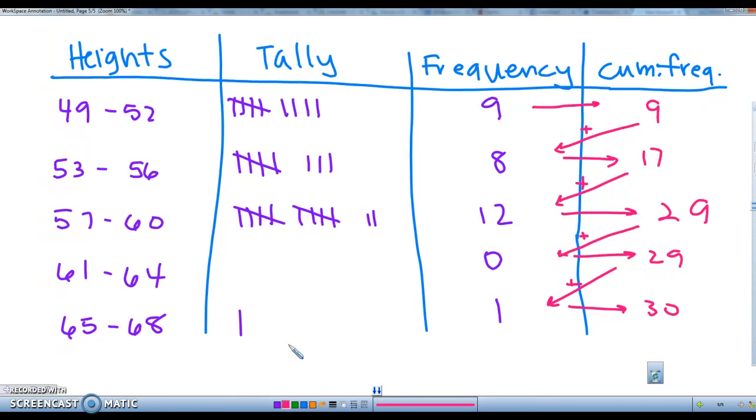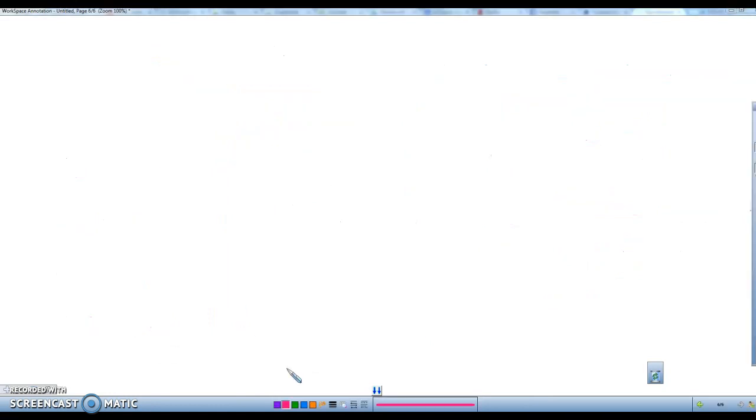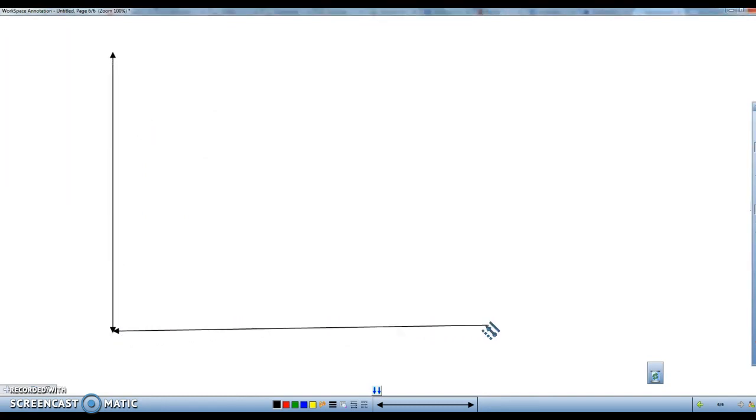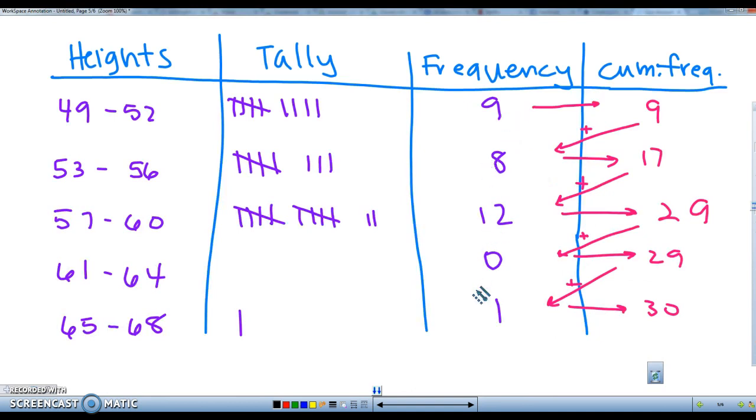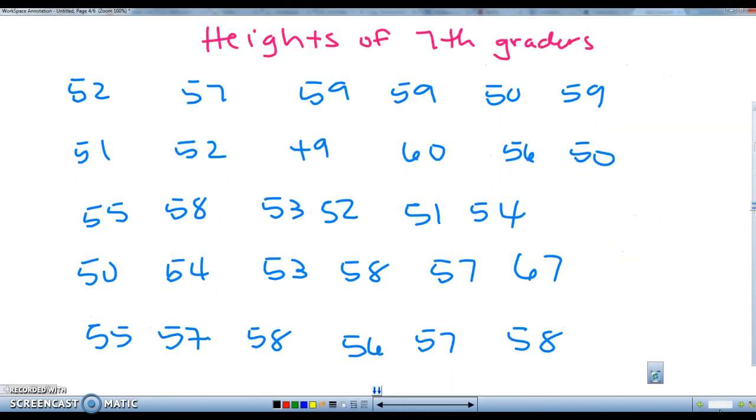Okay? When I go to make my actual histogram, I'm looking at that frequency table to pick my scale for my vertical axis. So if I go back and look at it, my frequencies are 1 to 12. So I probably don't want to count by 1s.